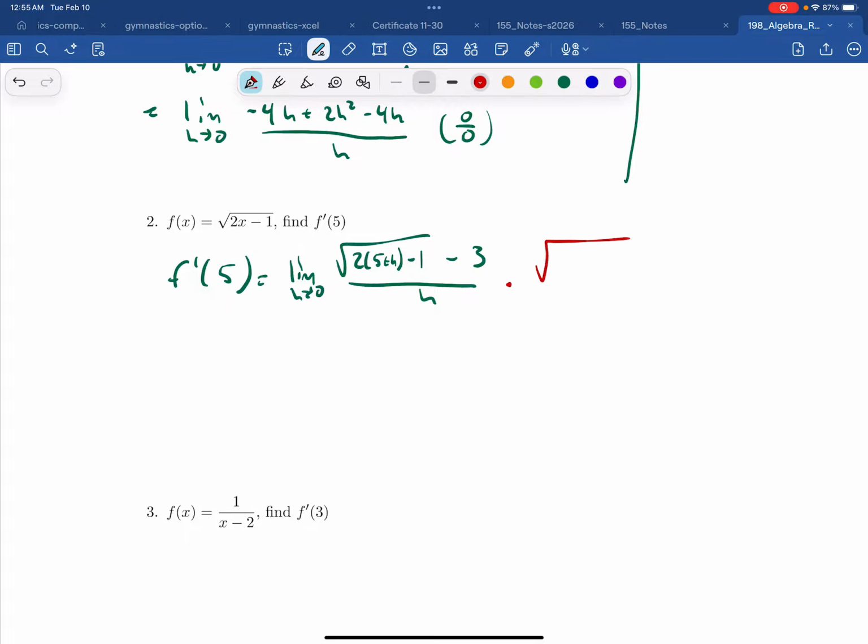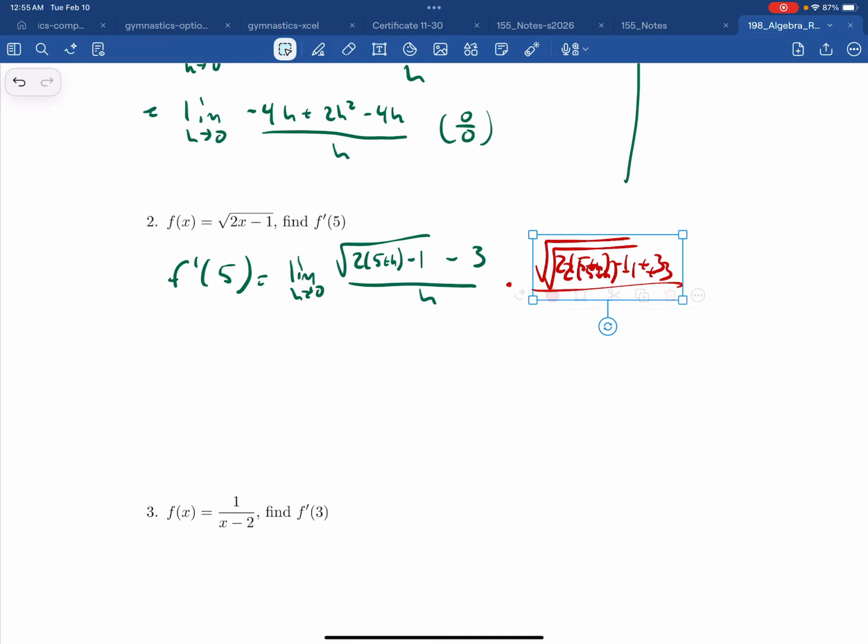So we're going to get the square root of 2 times 5 plus h minus 1, plus 3, over itself.